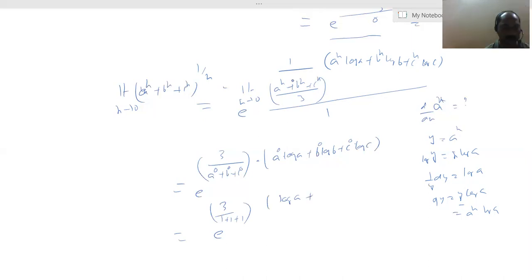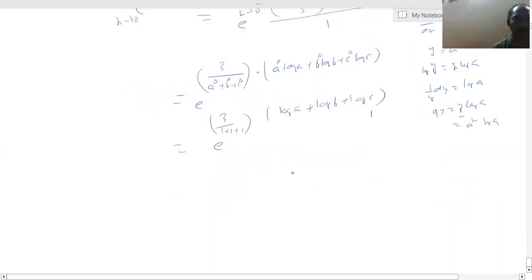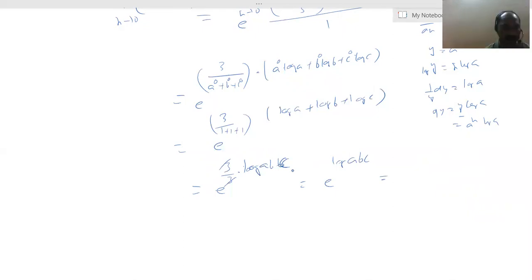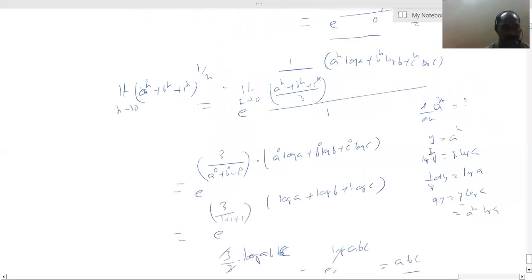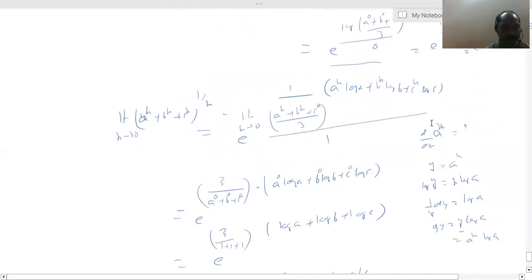If you have more experience, you can simplify easily; otherwise, it takes some time. E power 3 by 3 into (log a plus log b plus log c) equals log abc. The 3 gets cancelled. E power log of abc. Log and exponential cancel, and it becomes abc. That's all.